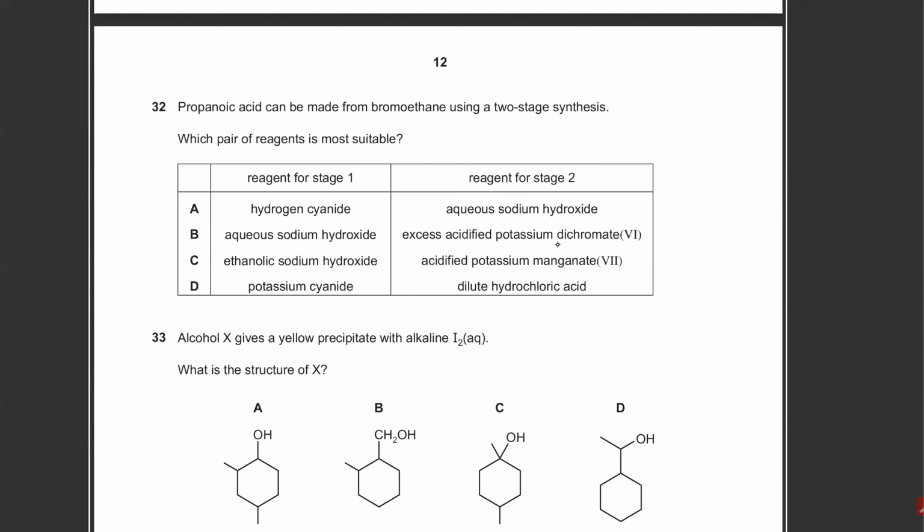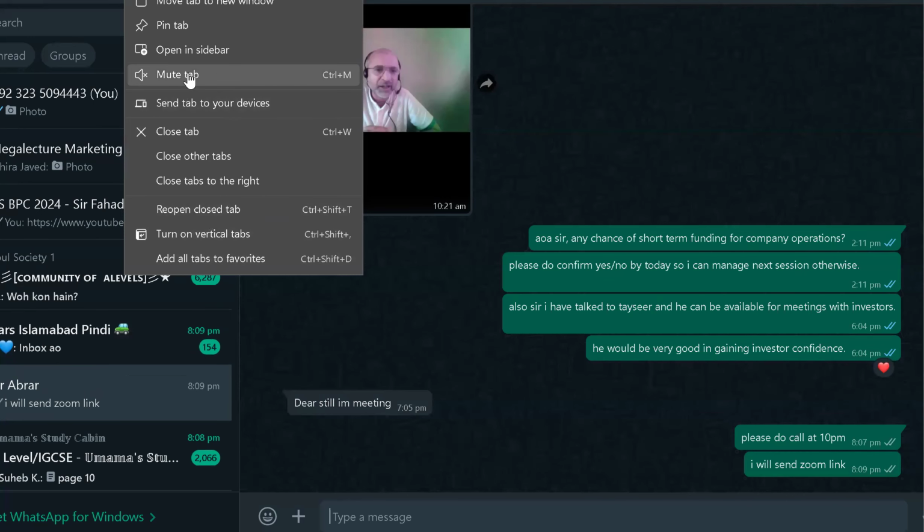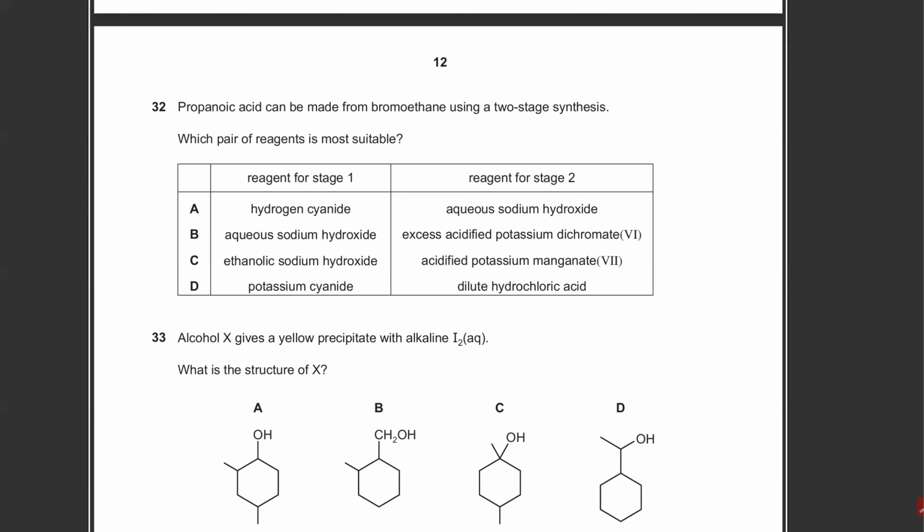Propanoic acid can be made from bromoethane using a two-stage synthesis. Which pair of reagents is most suitable? So bromoethane to propanoic acid.